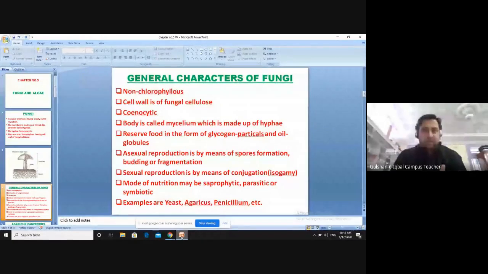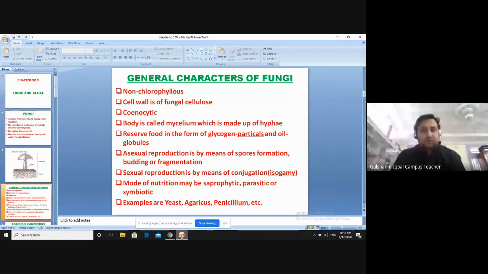Number 3, fungi is coenocytic. Coenocytic again means they are multinucleated. In a single cell of fungus, there are multiple nuclei present. Number 4, the body of fungus is made up of mycelium, and a mycelium is formed of hyphae, which I have shown to you previously. Then the food reserves.